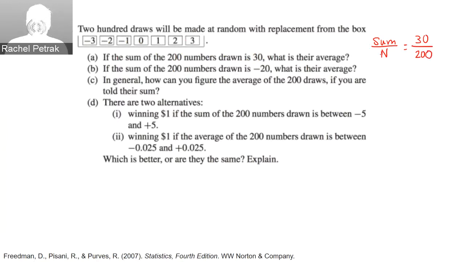I'm just previewing that we haven't yet formally introduced this in the book: n is a key letter you're going to see in a lot of upcoming things that always represents the number of trials or the number of participants. So what's their average? 30 divided by 200 is 0.15, or 15%.